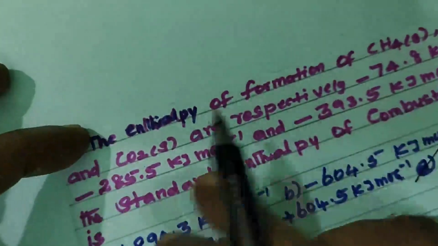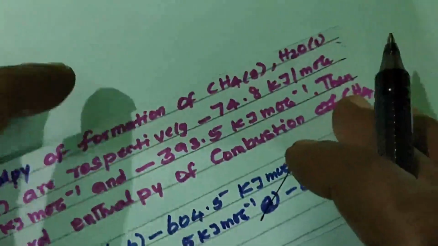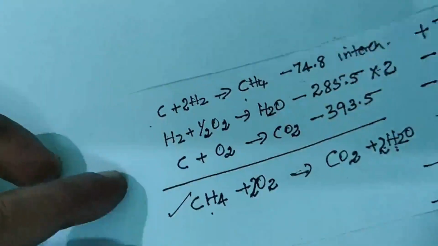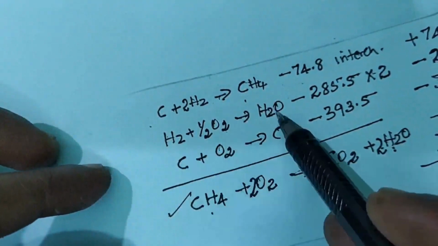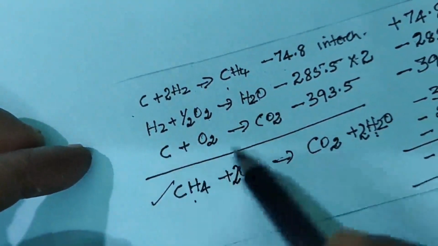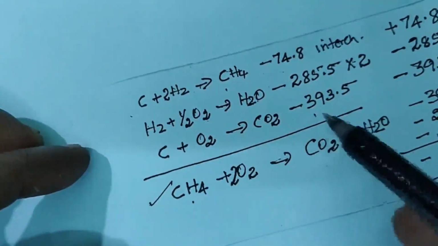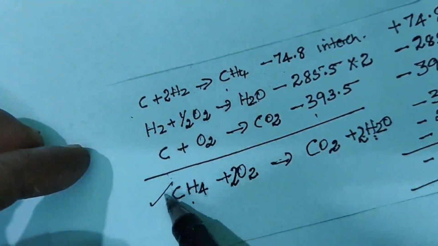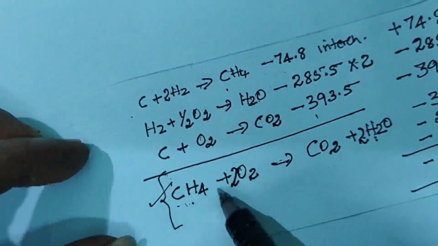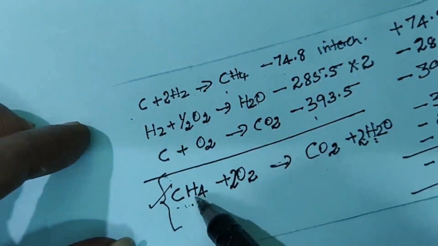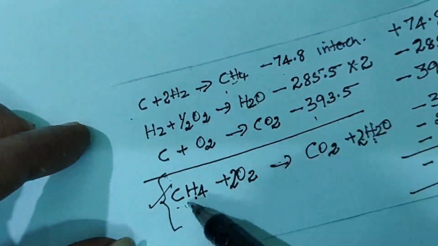So here the formation of some compounds is given: formation of methane, C plus H2; formation of water, H2 plus half O2 gives H2O; formation of carbon dioxide, C plus O2 gives carbon dioxide. From this data, we need the combustion of methane. In the first equation methane is a product, but here it is a reactant, so interchange.